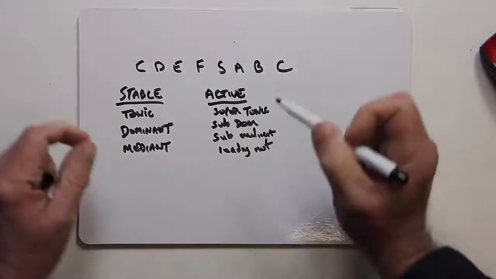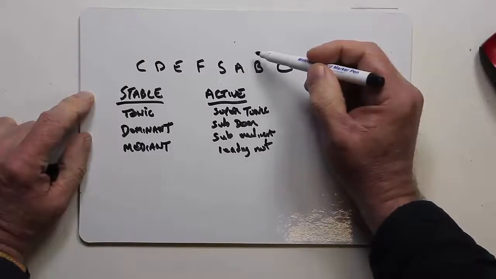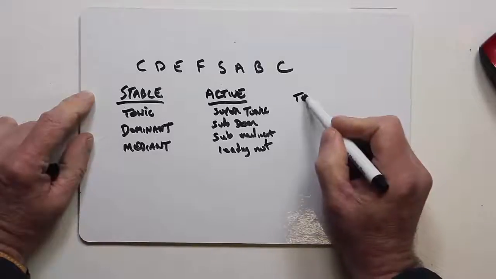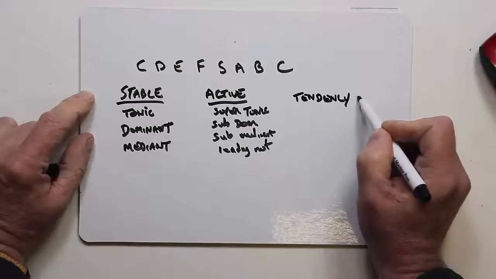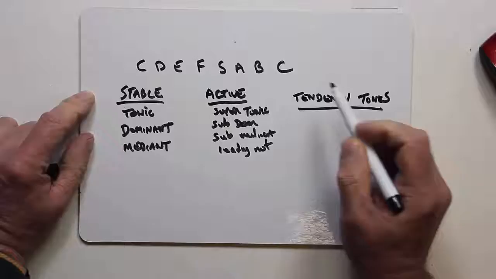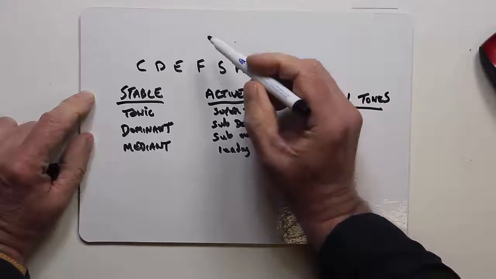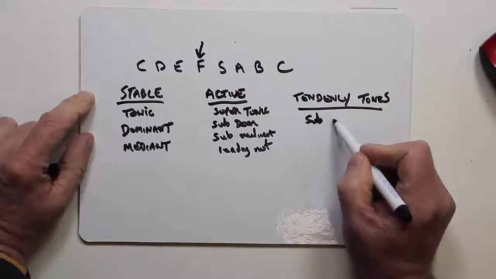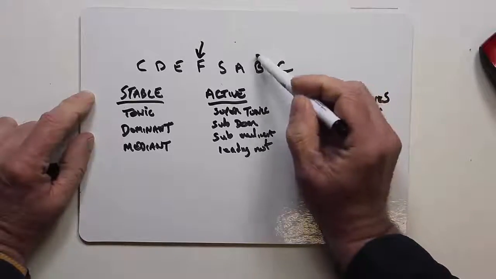Within that group, there's two notes that are considered to be what are called tendency tones, and that is the subdominant, which is this one, and the leading note, which is this one.